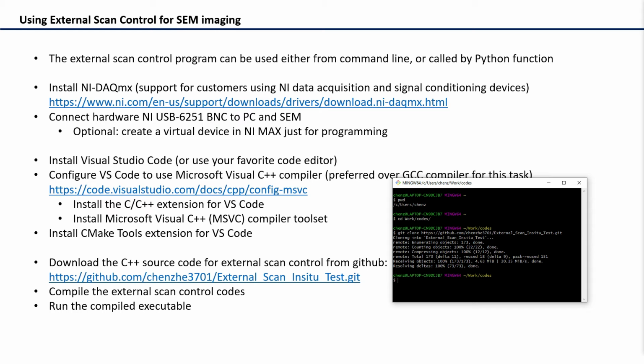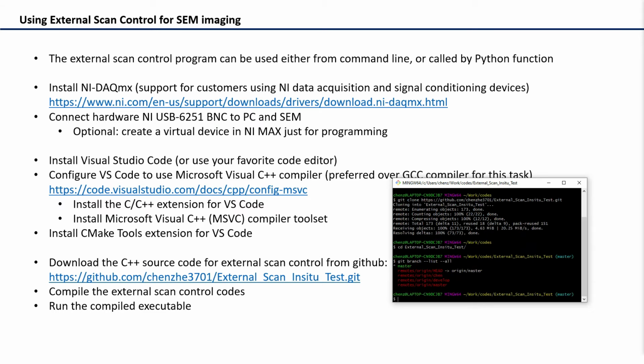Now it's downloaded, and I cd to this directory. Note that there are several branches, and if I type in git branch --list --or, we can see that there are 3 branches, and the updated code is in this develop branch.